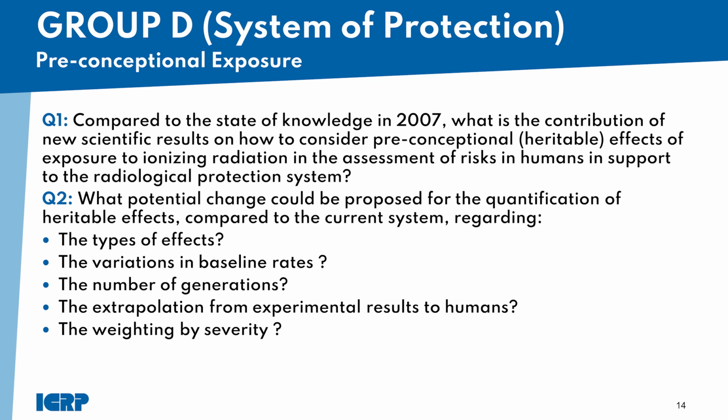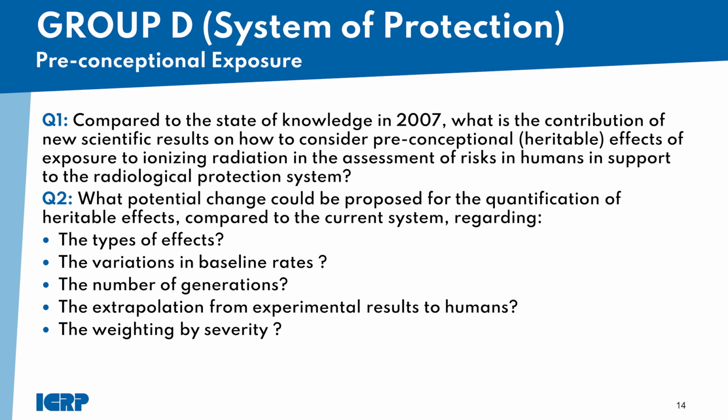That's the list of questions that you received and that were circulated 1 month ago, approximately, to each of the members. So the question was, compared to the state of knowledge in 2007, what is the contribution of new scientific results on how to consider preconceptional effects of ionizing radiation in the assessment of risk in humans in support to the radiological protection system?